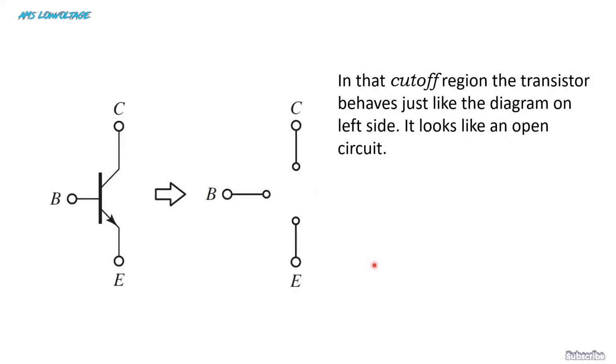In that cutoff region, the transistor behaves just like the diagram on the left side. See, open, open, open. So this transistor in cutoff region will act like an open circuit.